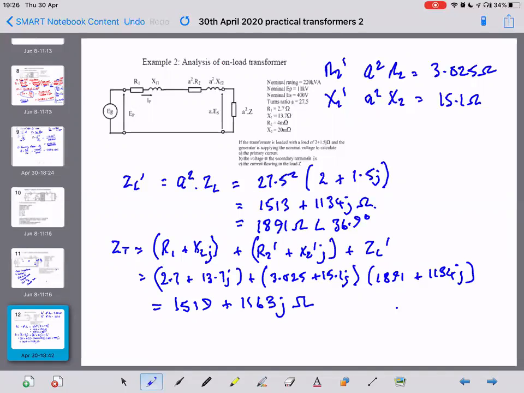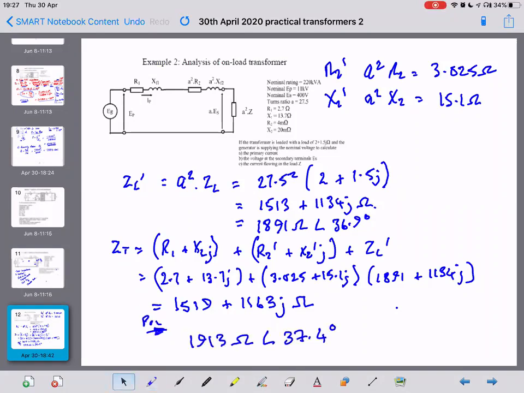That's in rectangular form, but to calculate the current, you need to convert that to polar. So that converts to 1913 ohms, angle 37.4 degrees. You managed to get that far? Yep. Good. Okay.